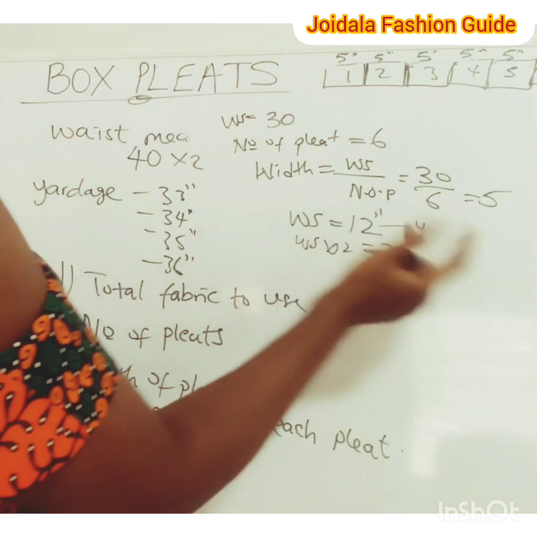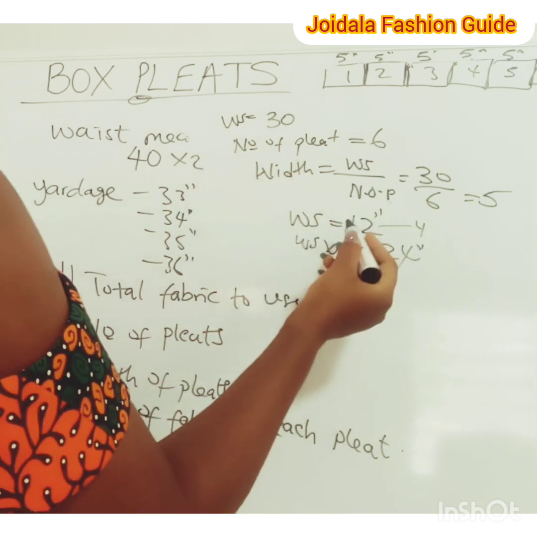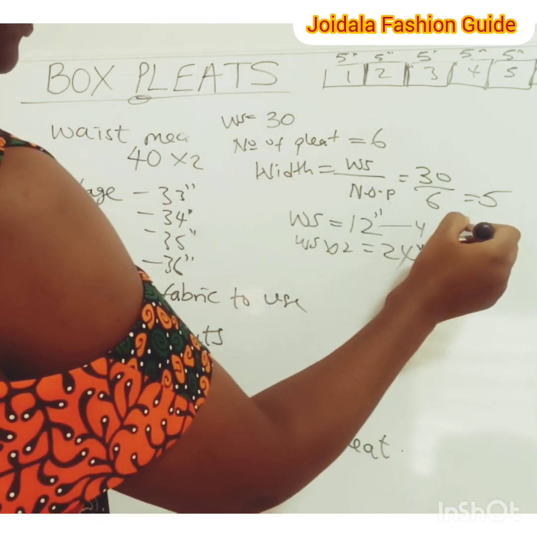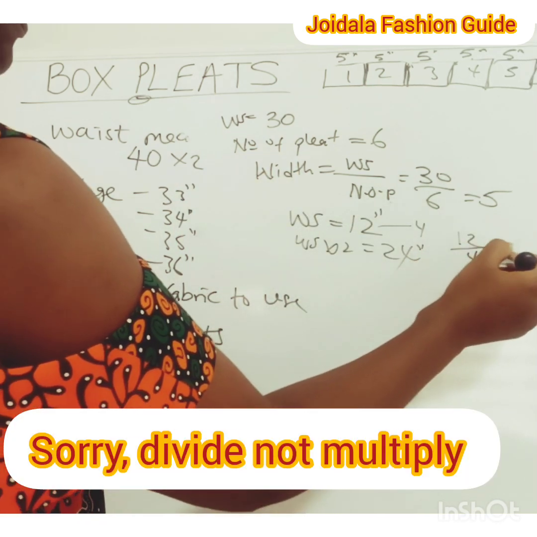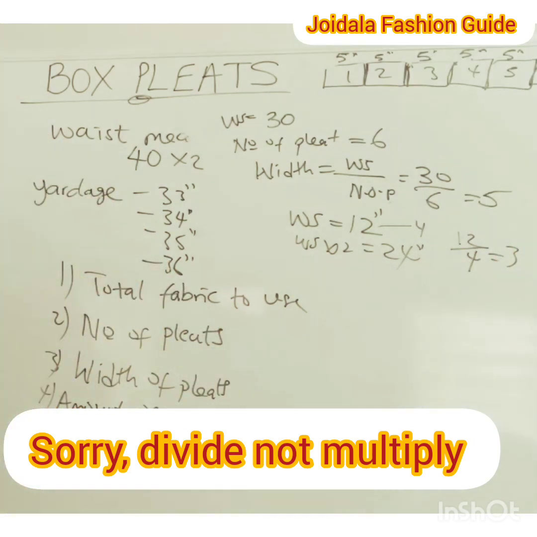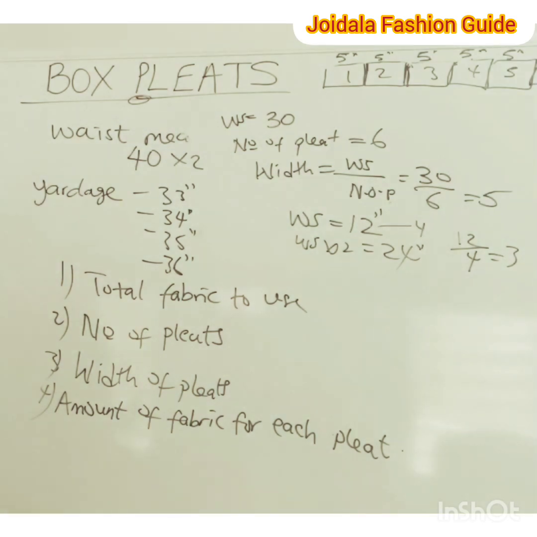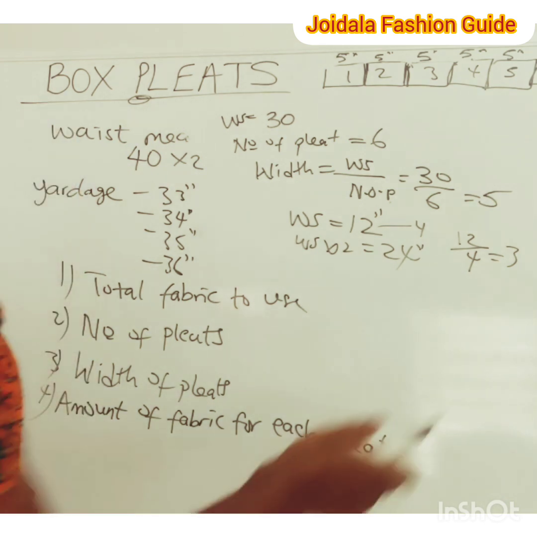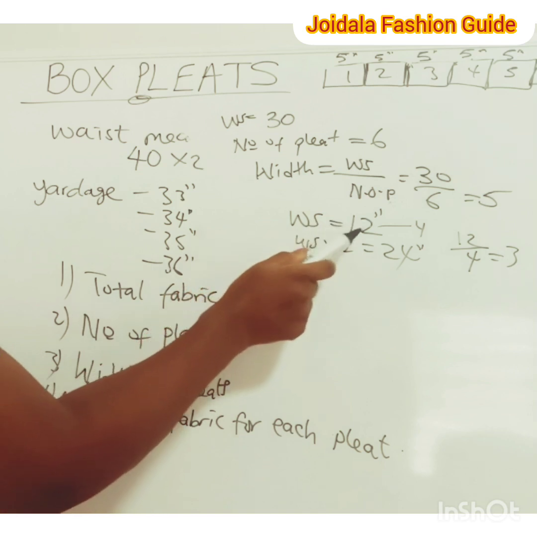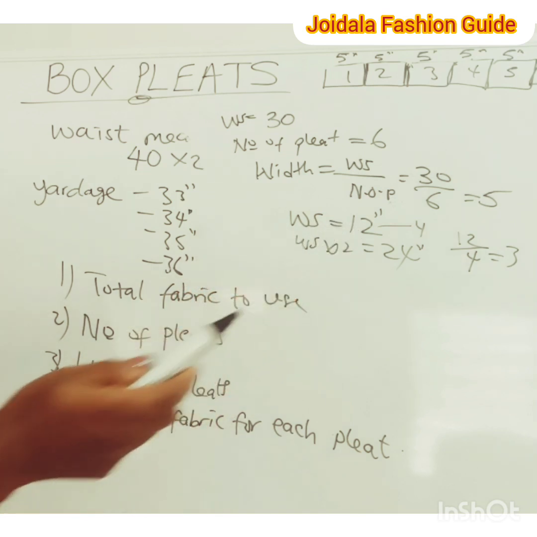Remember that to determine the width of the pleat, you divide the waist by the number of pleats, and that will give us 3 inches. So that means the width of each pleat will be 3 inches. But remember that the fabric is 24. So to know the total fabric you are going to use for each pleat, there are 2 ways you do it.